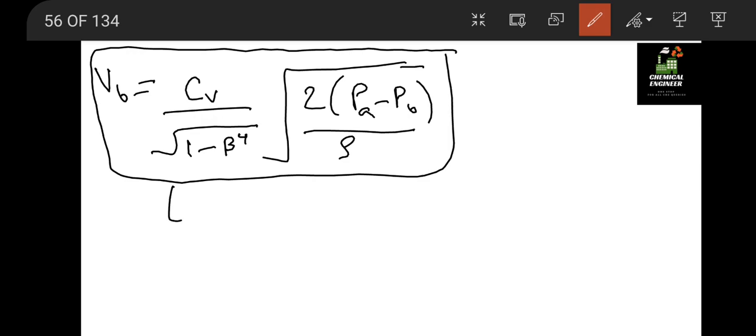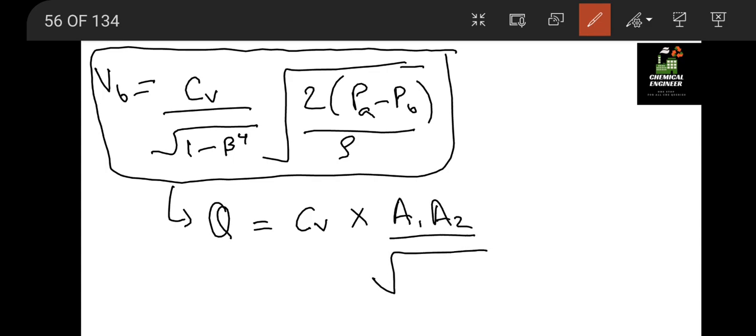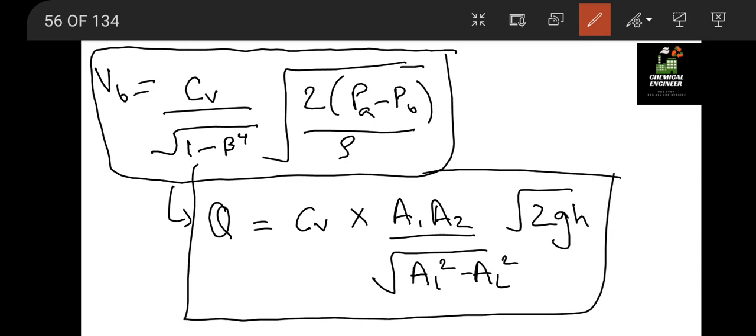From this, if we multiply it with area, we get the flow rate Q equal to CV into, using the previous equation, when we multiply it with A2, A1 squared minus A2 squared under root 2gh. Please note it down: Q equals CV A1 A2 divided by under root (A1 squared minus A2 squared) into under root 2gh.